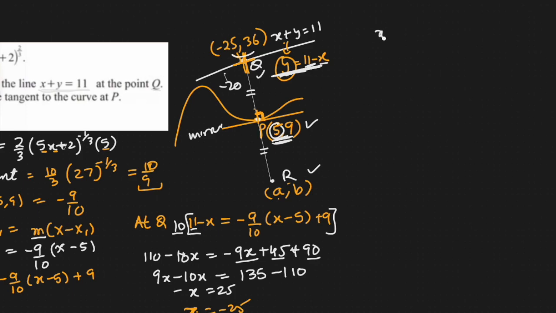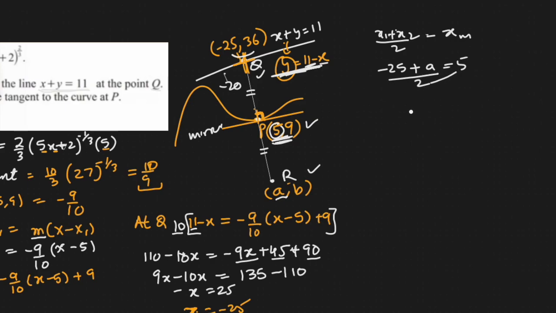It is x1 plus x2 divided by 2 equal to midpoint x, right? So the midpoint is 5. x1 is minus 25, and I have assumed that the x coordinate of R is a, divided by 2.